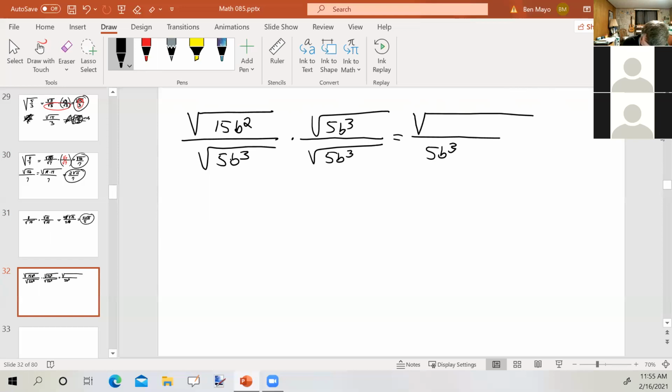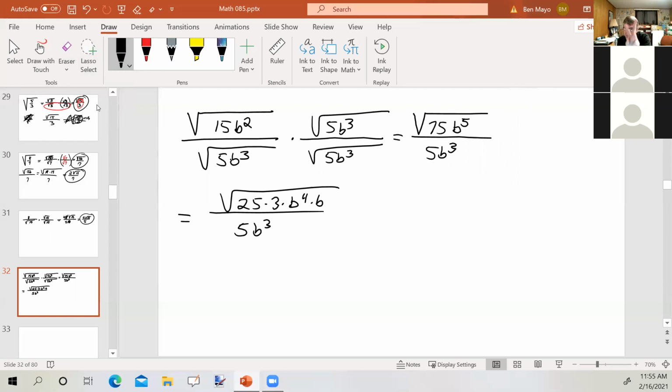That would give me 5 times 15 is 75 b to the 5th power, over 5b cubed in the denominator. 75 would be 25 times 3, and I'm going to write it b to the 4th times b.